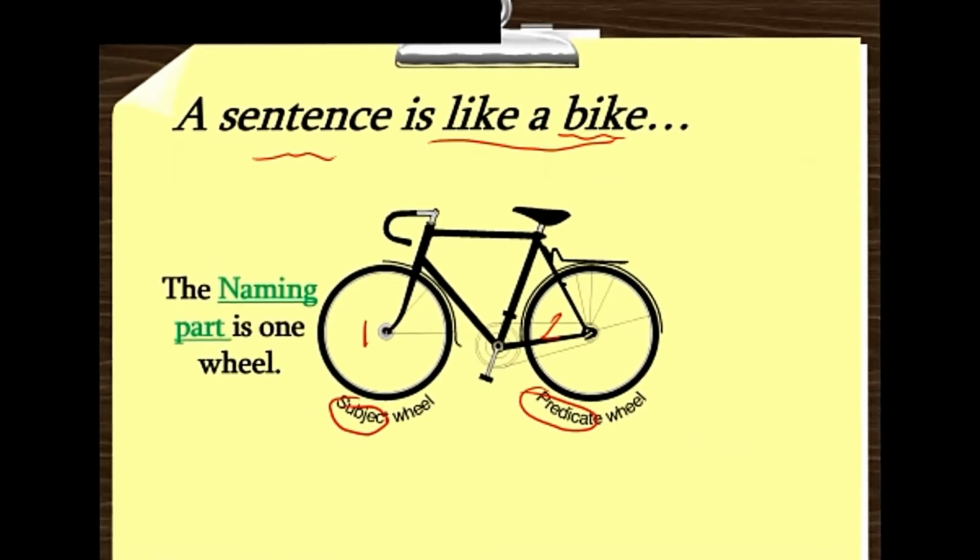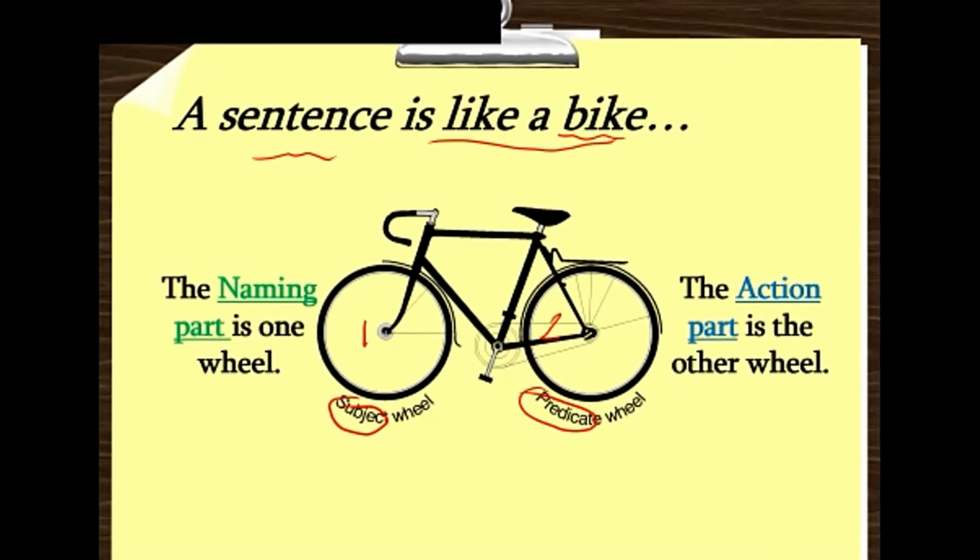Do you think the bike can go with only one of the wheels? No, it must have the two wheels: the first one, which is the naming part, and the second one, which is the action part.